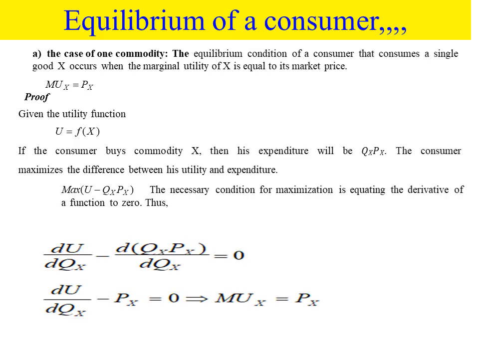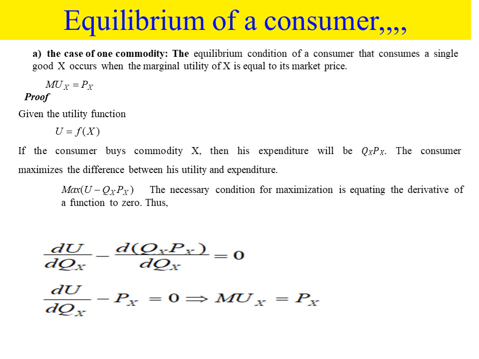So, the derivative of total utility with respect to quantity of X, minus the derivative of the expenditure, that is quantity of X times price of X, with respect to quantity of X. The derivative of quantity of X with respect to quantity of X becomes 1, times the price is left.